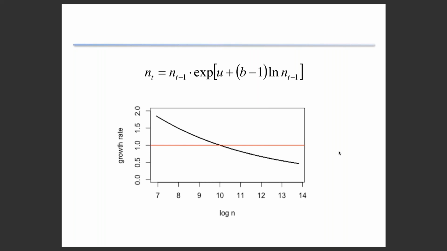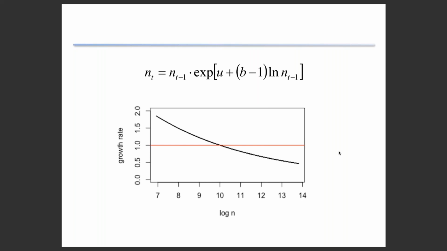This right here. So what it does is that as log N is small, then the growth rate is greater than 1, so the population would increase. And when it's larger, then the growth rate becomes less than 1, and so the population would decrease. And where it crosses 1, that's where the equilibrium is.